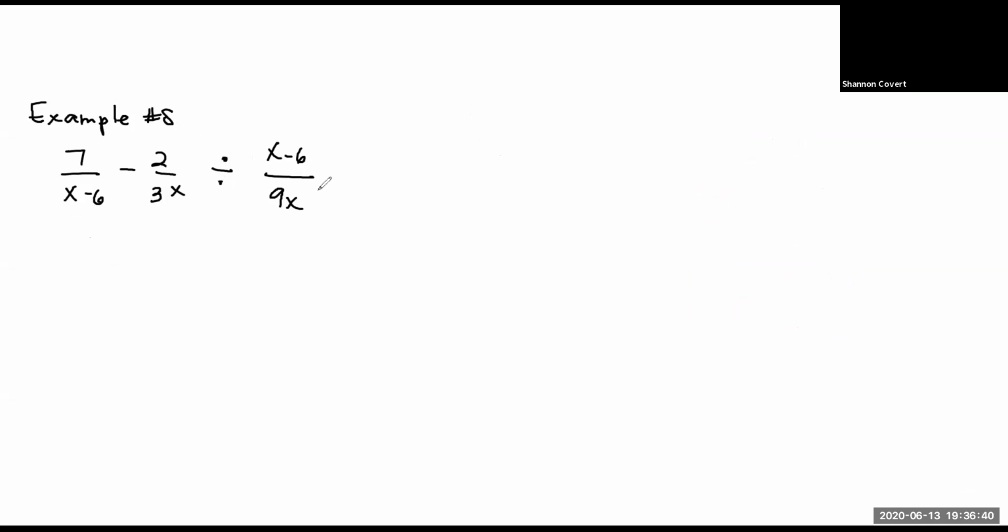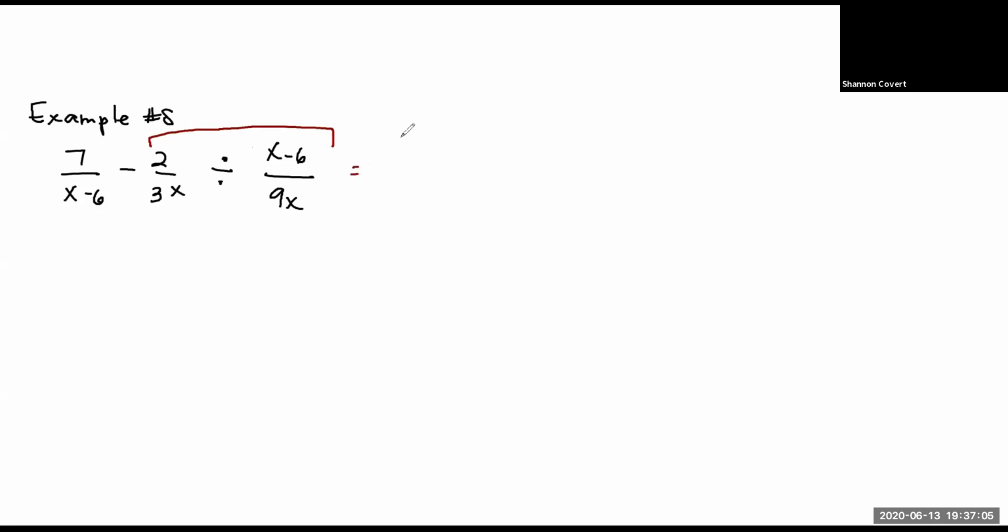We need to remember we're going to use order of operations. There are no grouping symbols, no parentheses. There are no exponents. The next thing we look at is multiplication and division from left to right. So I'm actually going to do this division first right here. I'm going to do the 2 over 3x divided by x minus 6 over 9x.